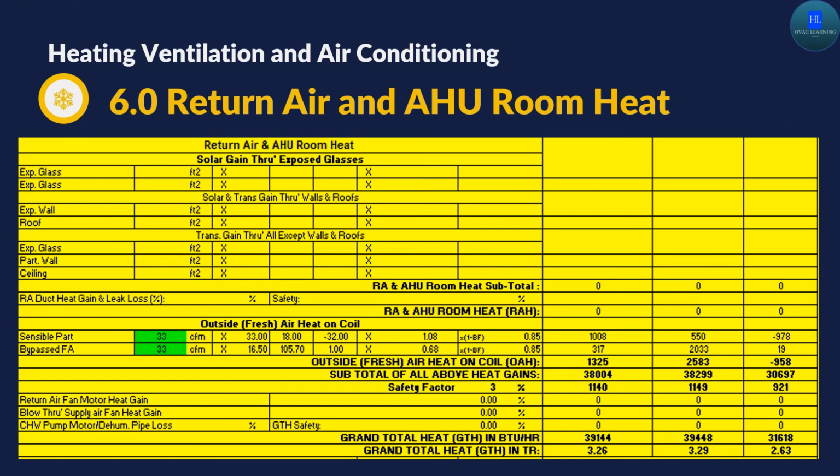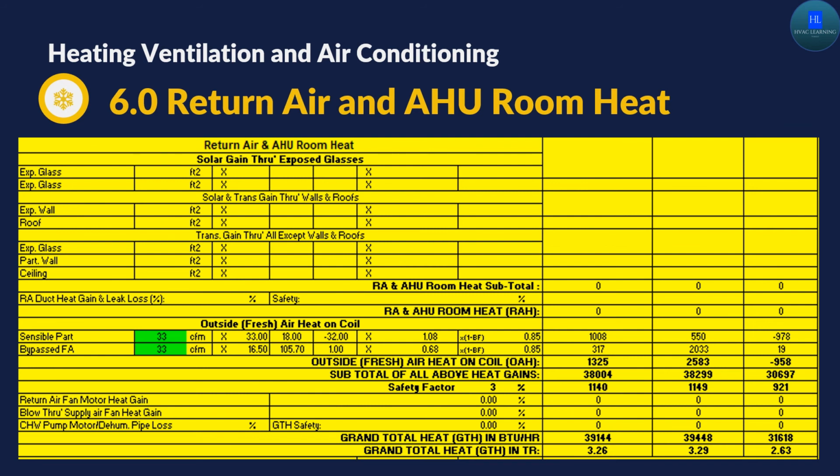which is return air and the HU room heat. So during the entire transit, the outside fresh air or the return air heat gain or the duct loss, all those factors we put into this sheet.